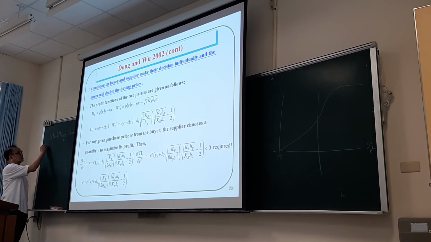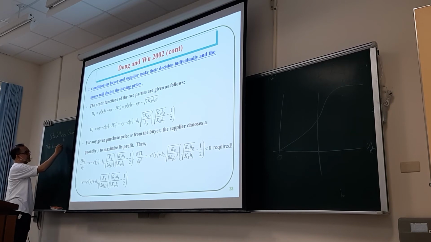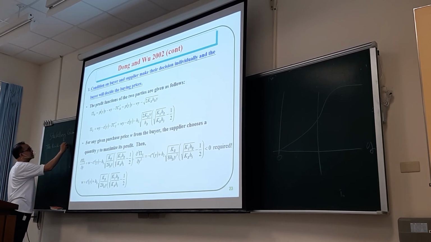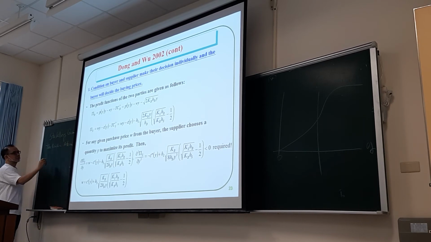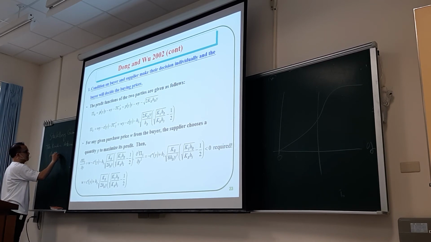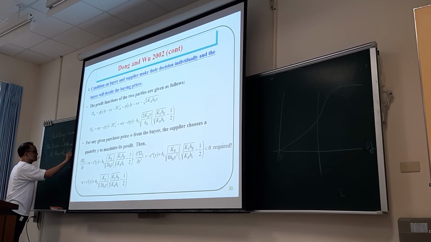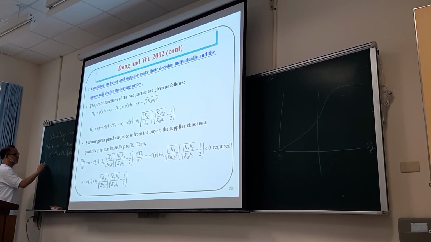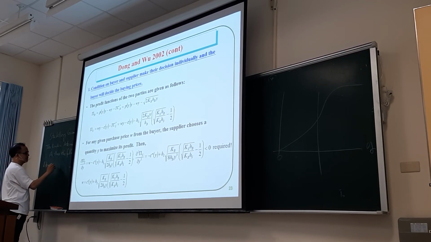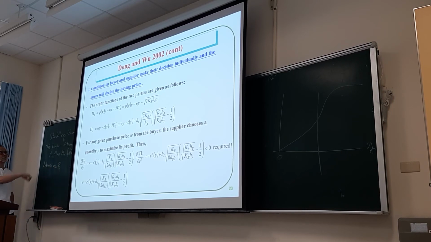Okay, the leader determines something, for example A, then the follower determines B. That's all for the step over again.